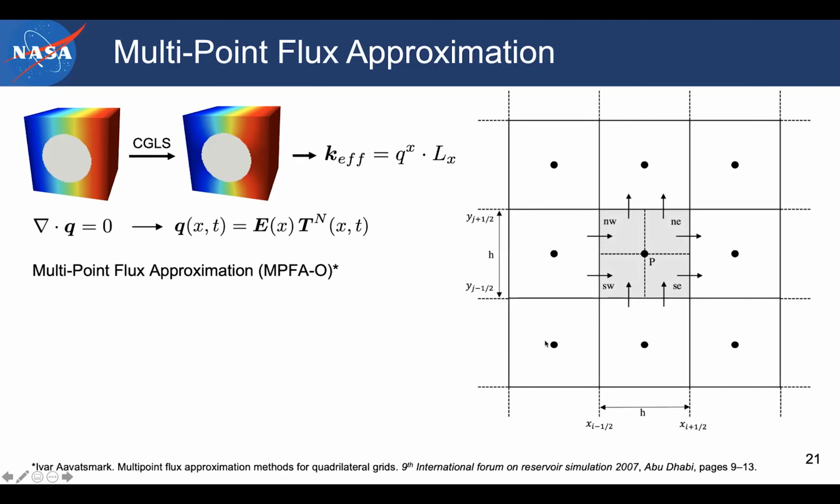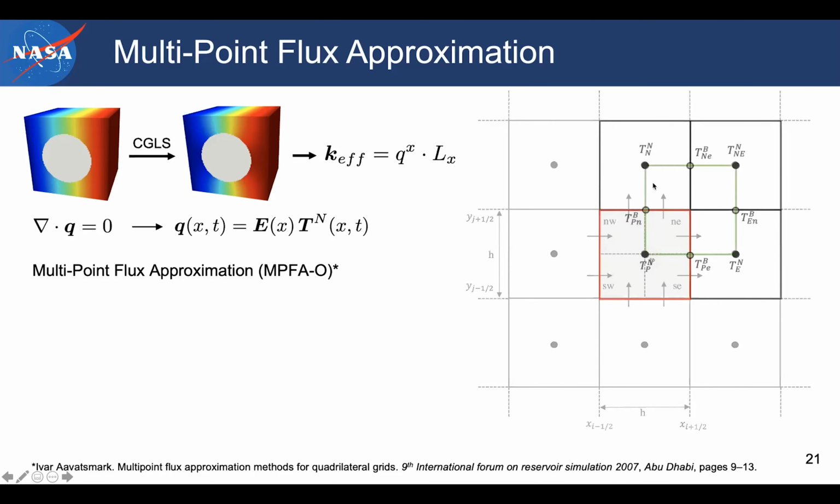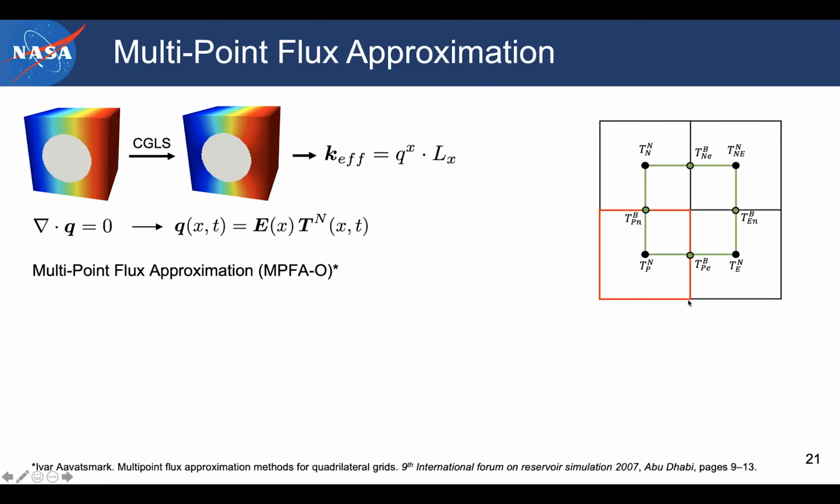If we sketch out a 2D grid, in this case we have cell-centered nodes. If I zoom in on just four pixels here, what the MPFA tells us is that we need to consider a control volume, which is in red, and an interaction volume, which is in green.